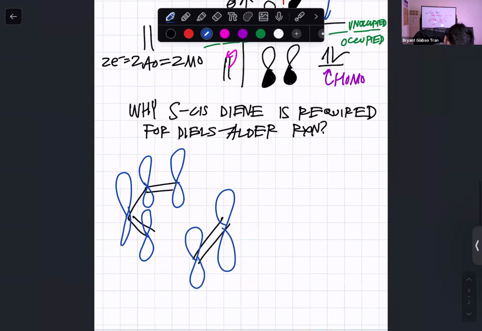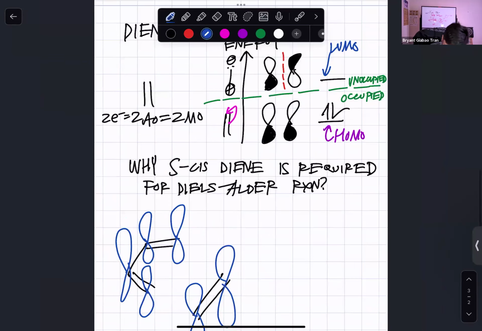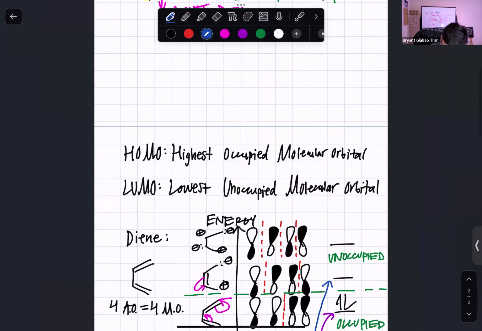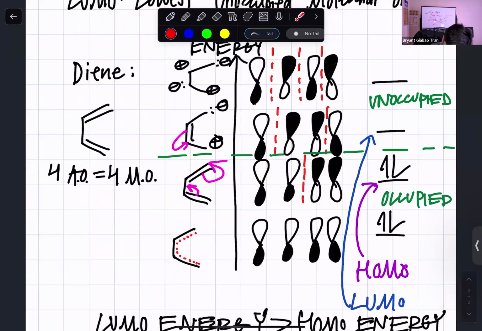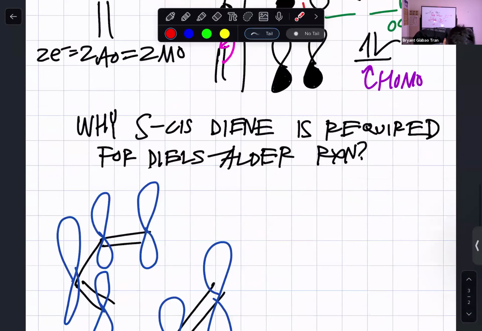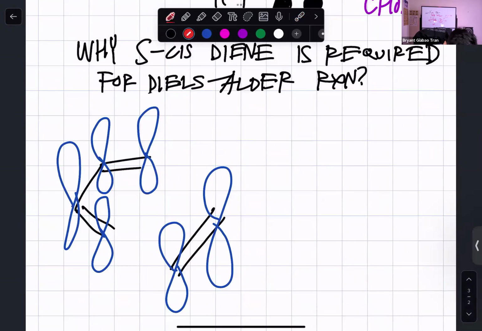And we said that in the Diels-Alder reaction, the HOMO of the diene reacts with the LUMO of the dienophile, right? So let's draw in the HOMO of the diene, right? So the HOMO of the diene, we saw that it had 1 node in the middle right there, right?